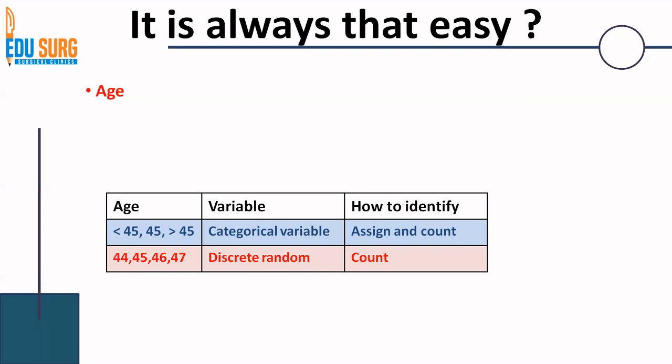So this table gives you an idea that if you are counting the age of an individual person, then it is a discrete random variable, right? But if you are dividing age into categories, like, say, less than 45, 45, and more than 45, then it becomes a categorical variable because now you are giving categories to the age, right?